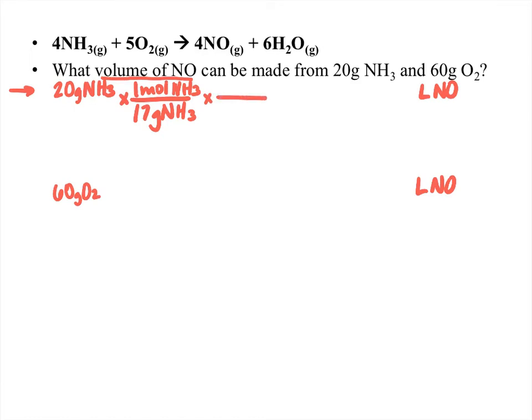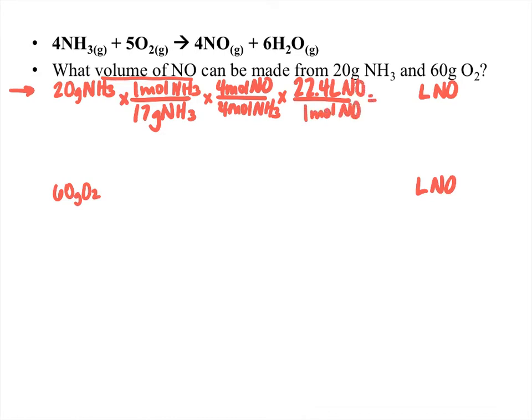Next step is going to be my coefficient step. So I want to convert into the product, that's my goal, which is the NO. And there were 4 moles of each of those in the equation, the original ammonia and the NO. Now I need to convert into liters of NO using my 22.4 liters per mole.